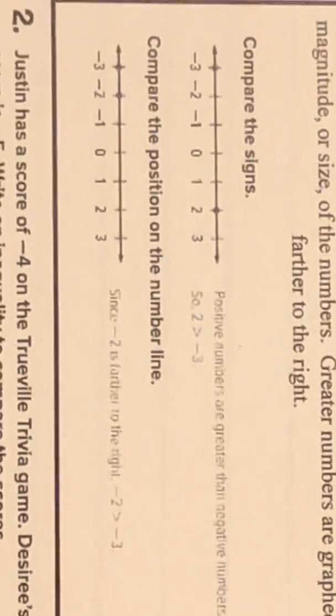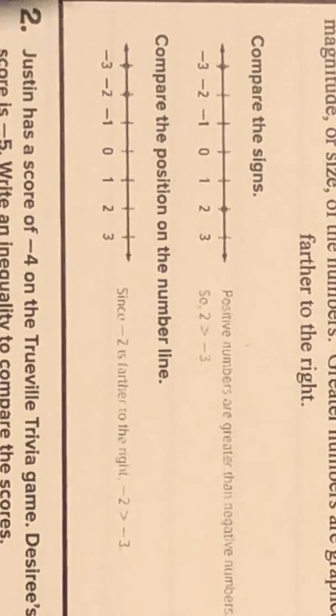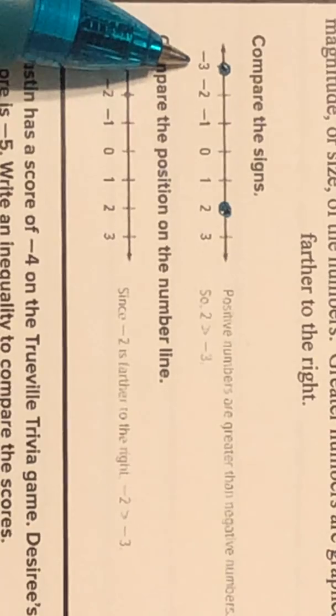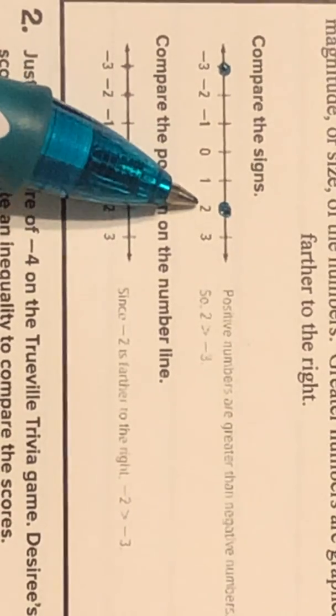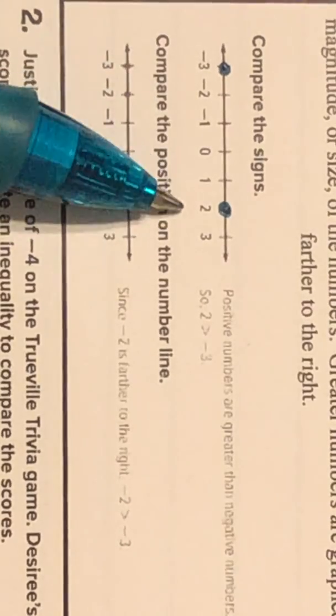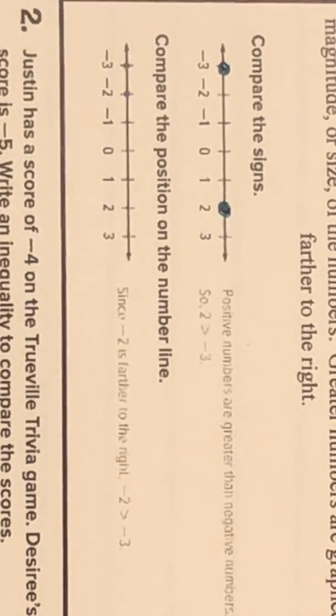So, for example, I can compare the signs. So I have -3 and 2. Okay? -3 is going to be smaller than 2 because it's further to the left. Okay, so 2 is bigger than -3.